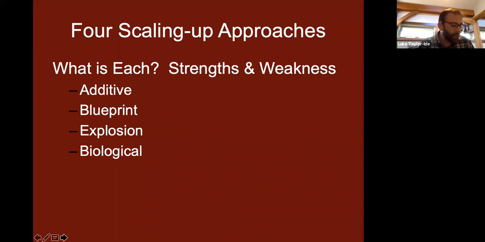And in this chapter, when you think about these approaches, it talks about the role of community. And it says very clearly, in the blueprint approach, community is the setting for an outside design. In the explosion approach, it is the target. In the additive, it is the resource.